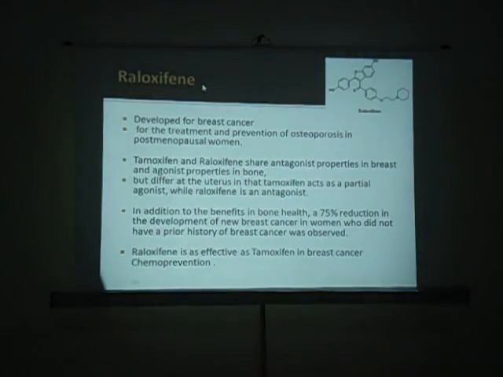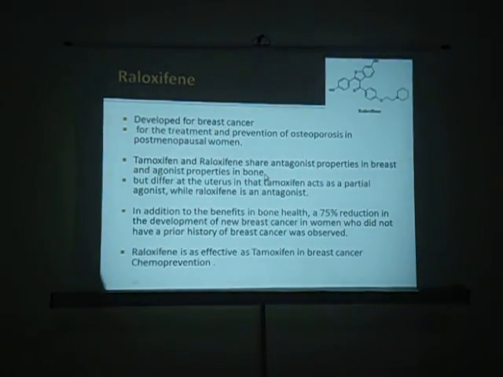So raloxifene, one more drug in this SERM group. Raloxifene and tamoxifen citrate can be short notes for you. It was developed for breast cancer treatment and prevention of osteoporosis in postmenopausal women. One common feature of tamoxifen and raloxifene is they are both antagonists at the breast, antagonistic to estrogen at the breast and agonistic at bone.